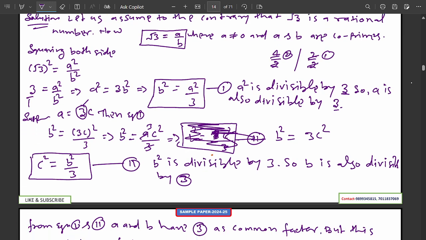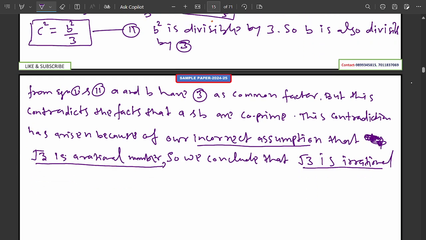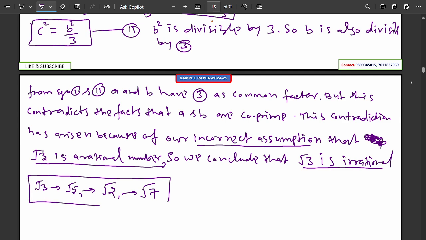This is the procedure, and in place of root 3 you can also solve root 5, root 2, and root 7. The same statements and steps solve all the rest of the questions. The language will be the same, only replace the number.